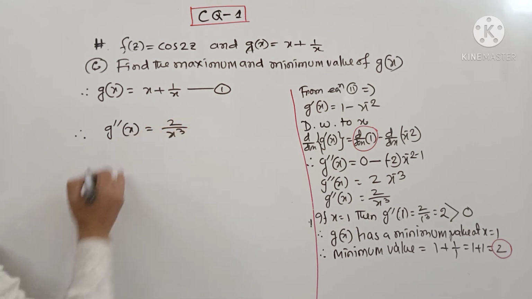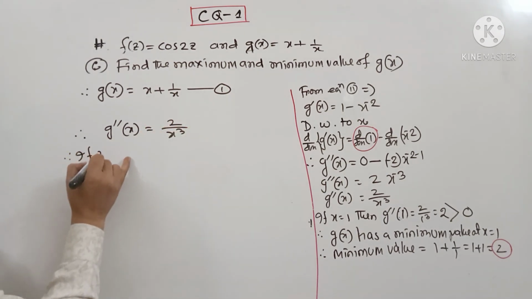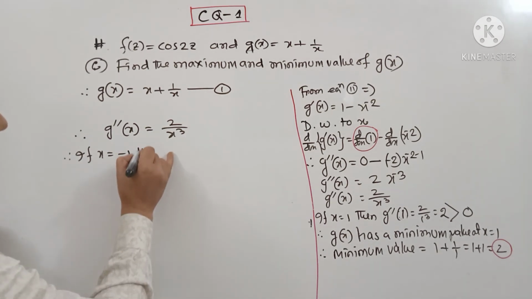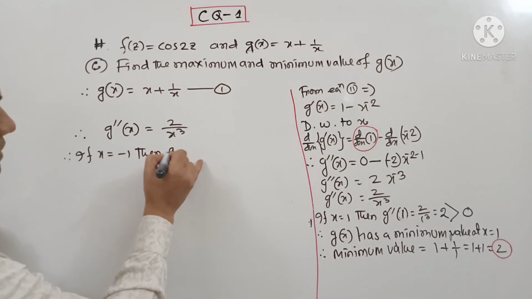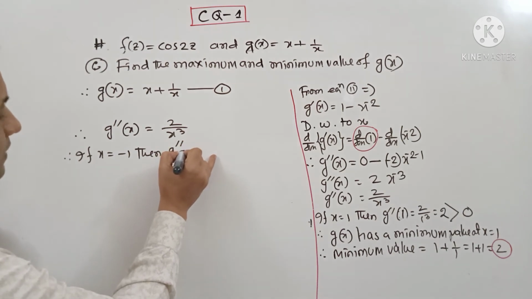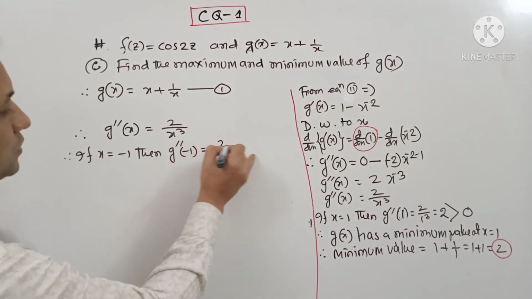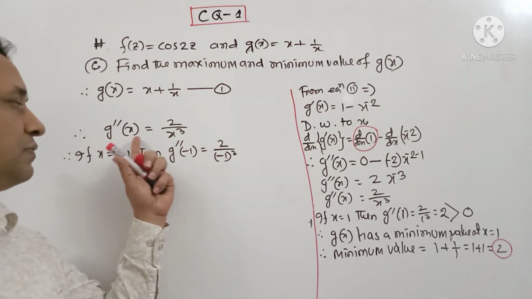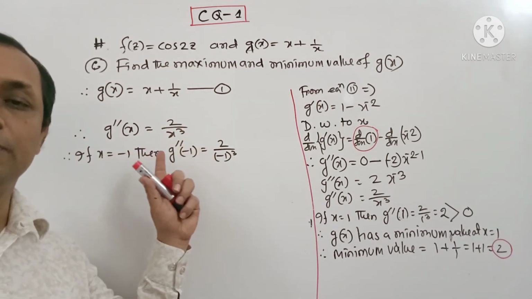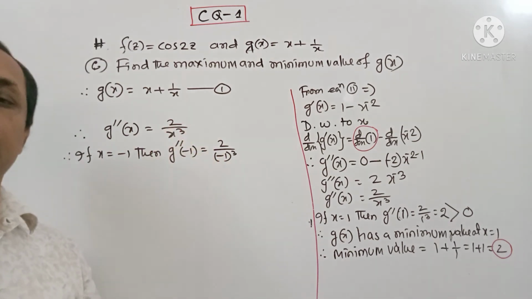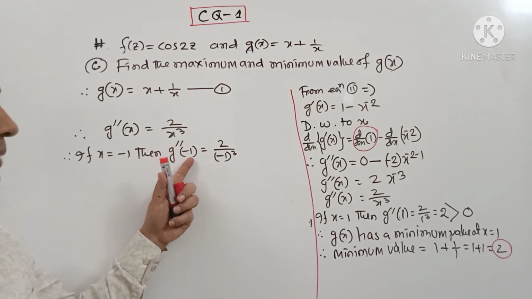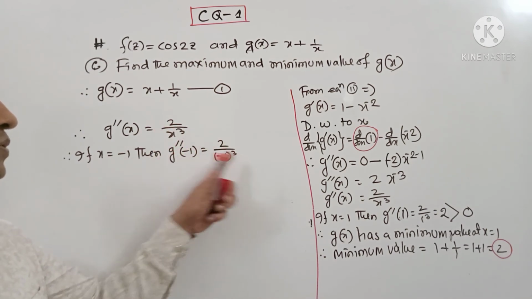If x equals minus 1, from g double prime x equals 2 by x cube, then g double prime minus 1 equals 2 by minus 1 whole cube.